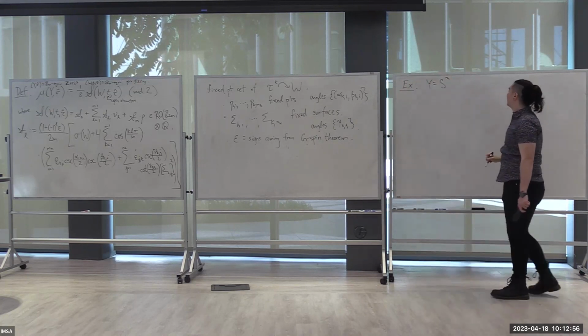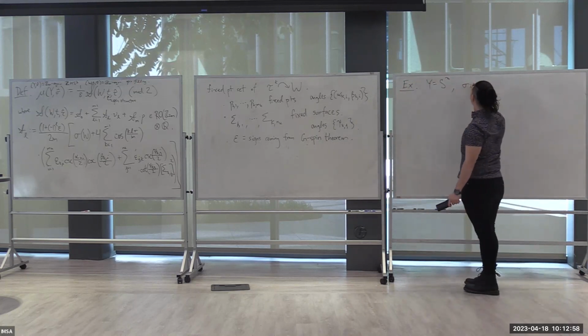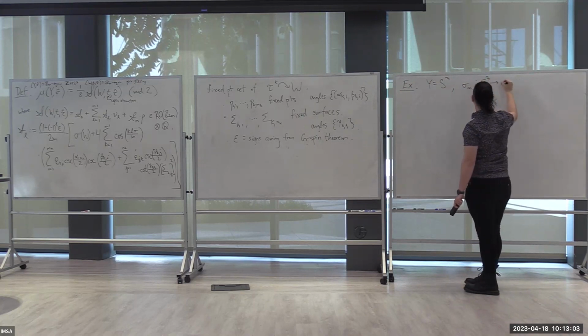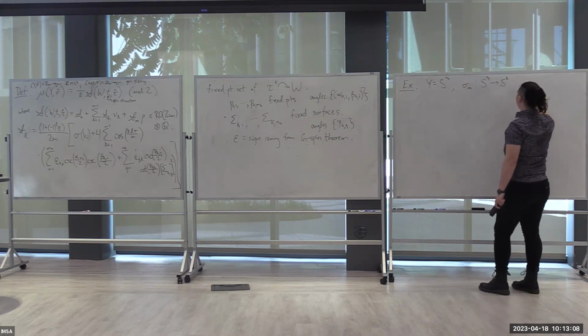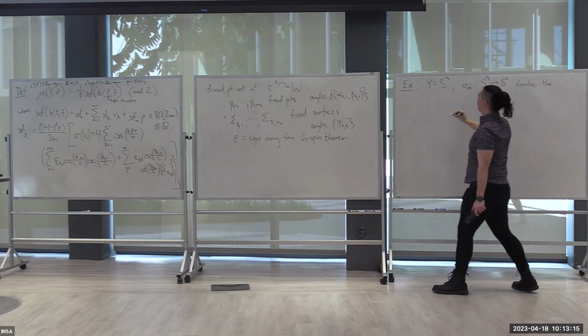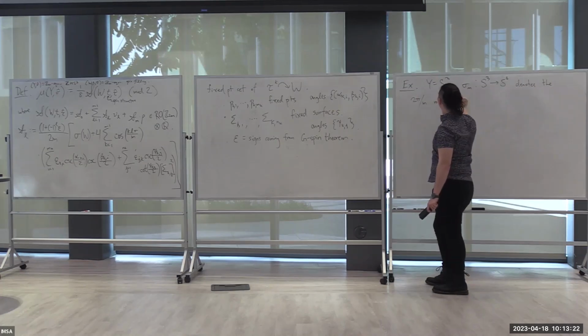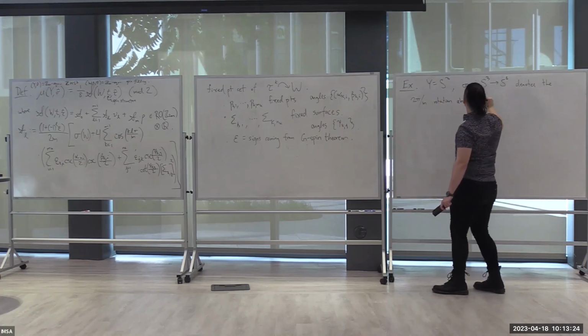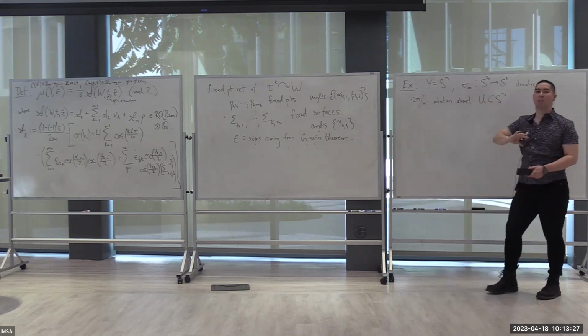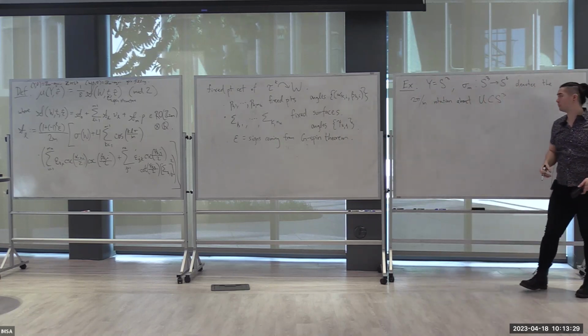Look at the 3-sphere, and we'll let sigma sub n go like a 2 pi over n rotation, just rotating around and back.